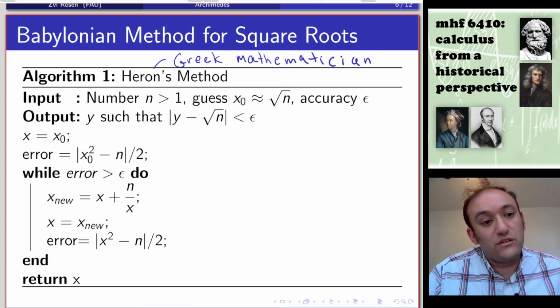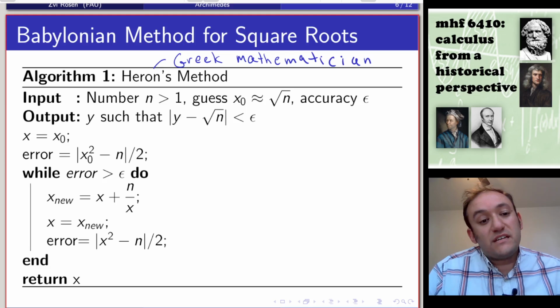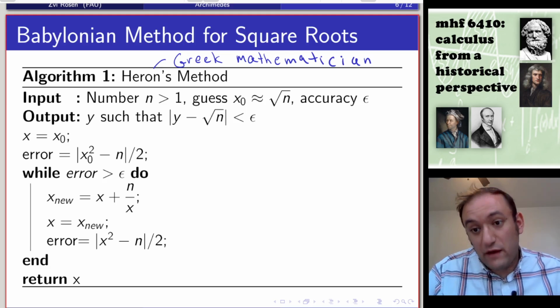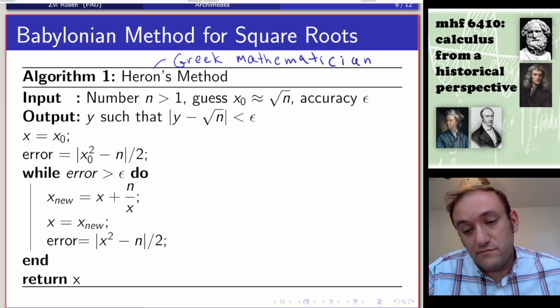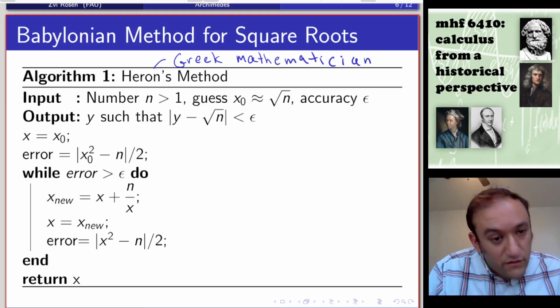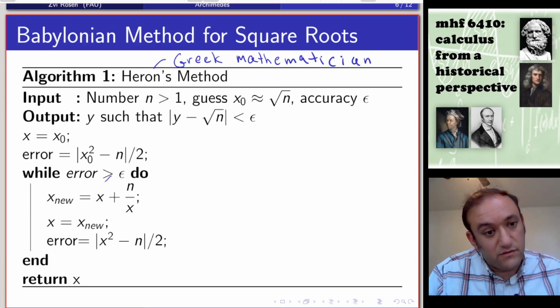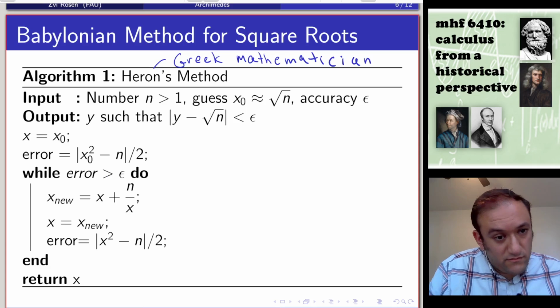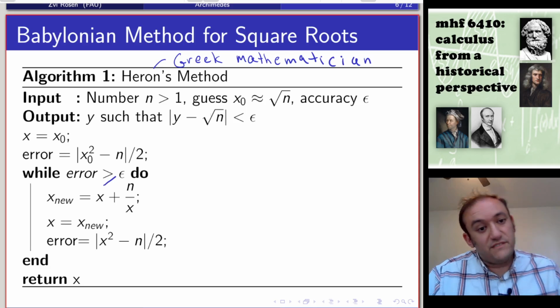Once you do this method, your output will be a value y such that the absolute value of y minus the true square root of n is bounded above by epsilon.